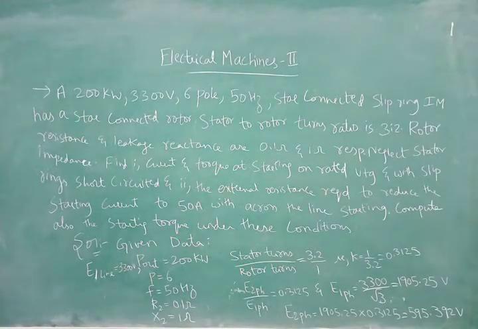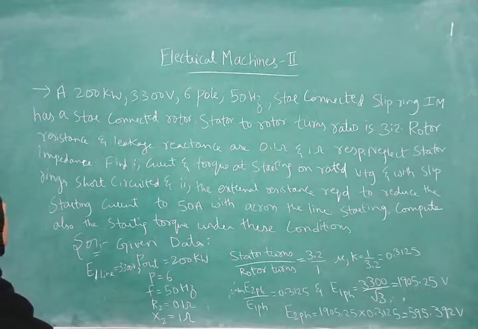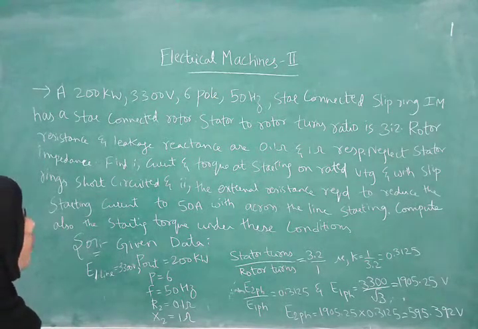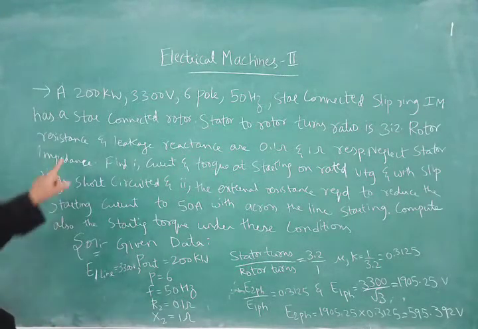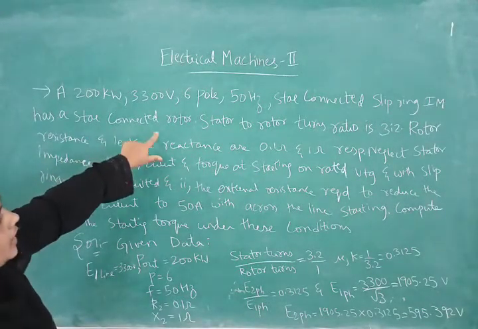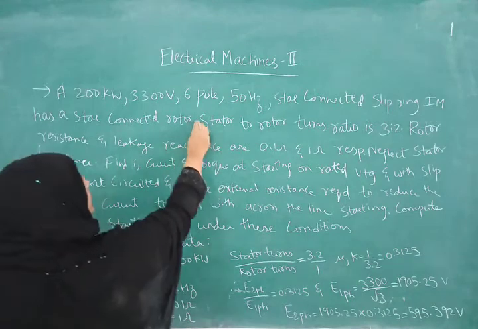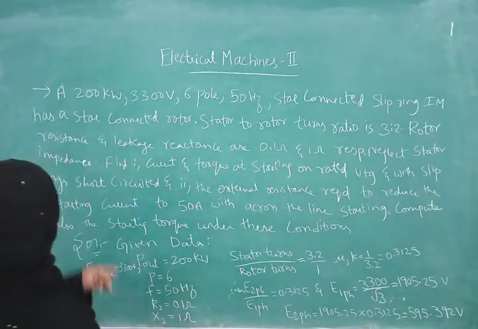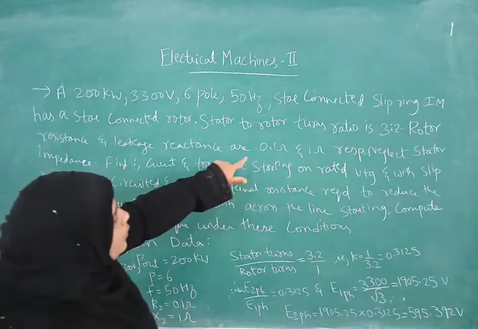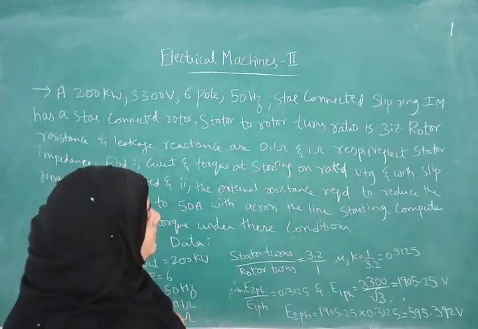Let us do a numerical. So what is given in the question we will see. A 200 kilowatt, 3300 volt, 6 pole, 50 hertz, star connected slip ring induction motor has a star connected rotor, and stator to rotor turns ratio is given as 3:2. Rotor resistance and leakage reactance are given as 0.1 ohms and 1 ohm respectively.